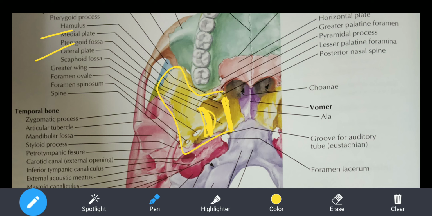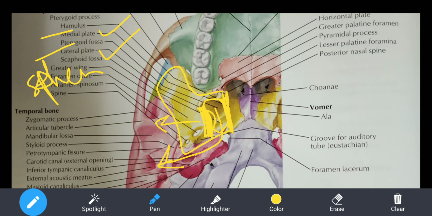Sorry. So this is the sphenoid bone, and the sphenoid bone has two plates. Named pterygoid because this is the pterygoid fossa, and medial pterygoid plate, lateral pterygoid plate. So lateral to the lateral pterygoid plate is the lateral pterygoid muscle, medial to it is the medial pterygoid muscle. This is the concept.